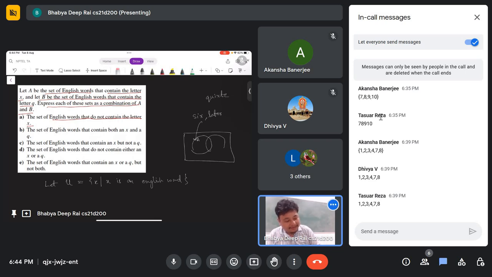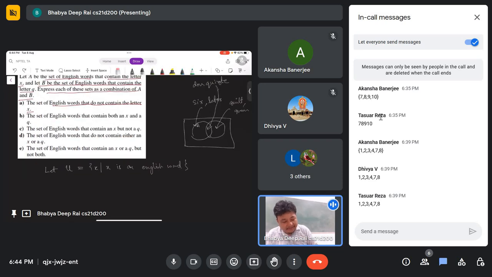So this word should be contained in both of them, although it's the name of a person. And B contains all the words that have Q, for example quilt, queen, and so on. So there could be some things that they share. Now our job is to represent them in set notation form.